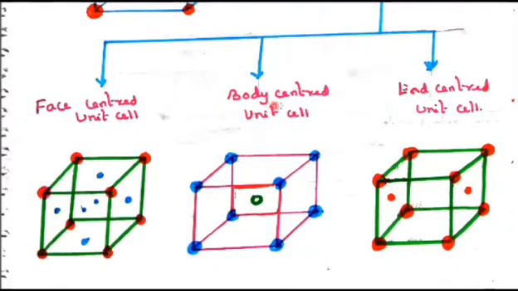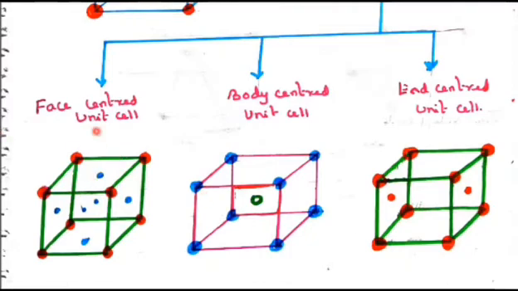In all three centered non-primitive unit cells, the corners have atoms: 4 on top and 4 at the bottom, so 8 corner atoms. Even in the body-centered and end-centered cells, there are 4 plus 4, 8 corner atoms.